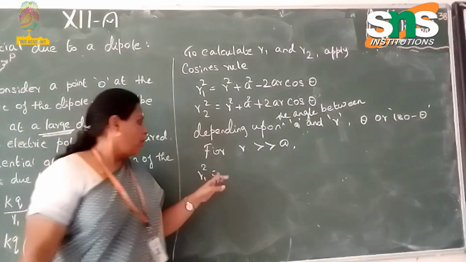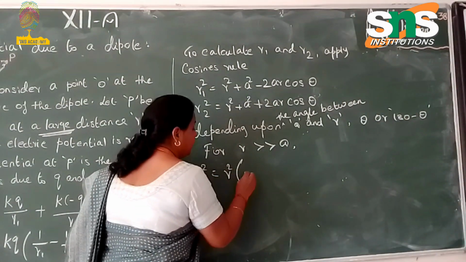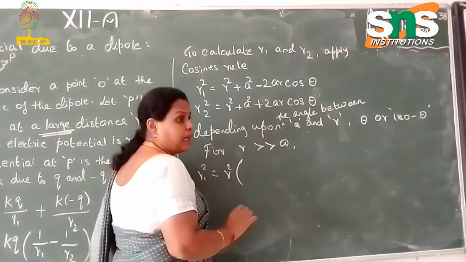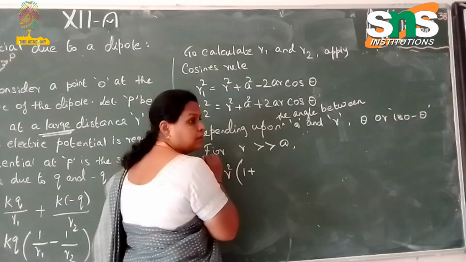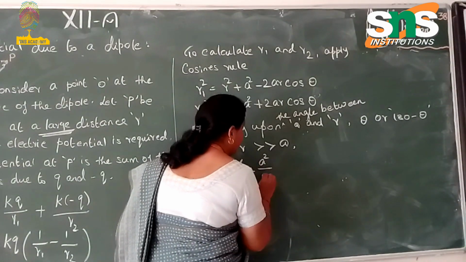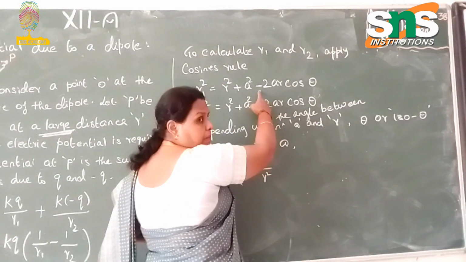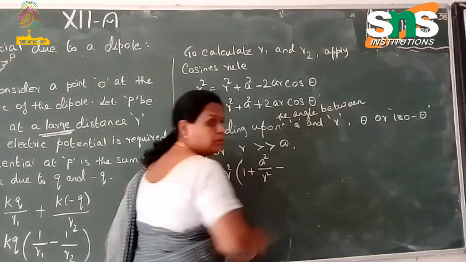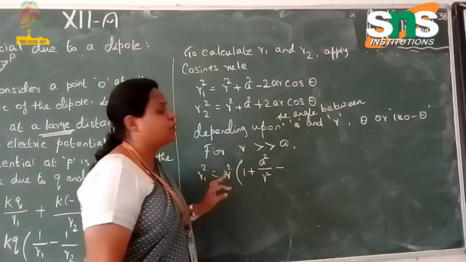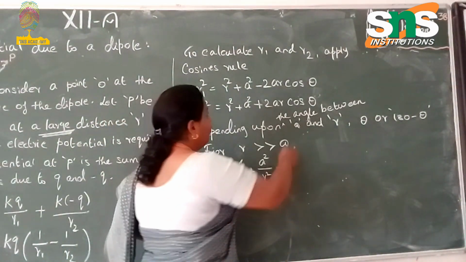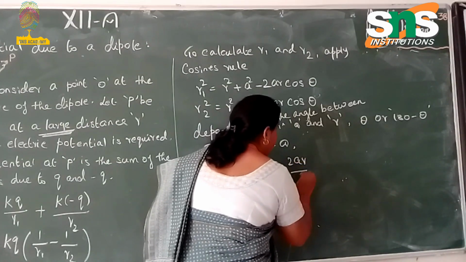So R1 square equal to, taking R square outside, can you say how this equation will change? If I take R square outside, 1 plus, very good, A square by R square, minus 2A, minus 2A R by R square.